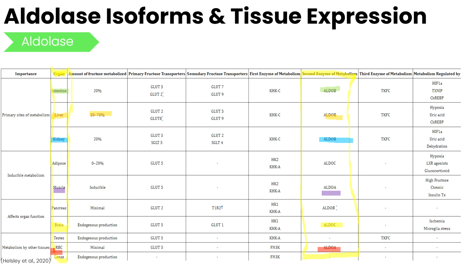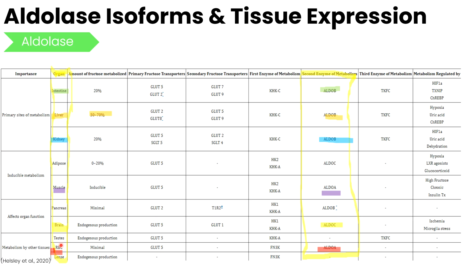So rather than having one aldolase isoform distributed identically throughout the body, we see a clear pattern of differential aldolase expression across different tissues. Okay, so this helps answer our question from the previous slide.